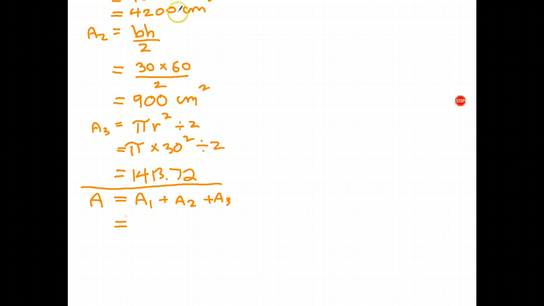Area 1 is up here, 4,200, plus area 2 is 900, plus area 3, I'll put it down here so I don't encroach on the space for the next question, 1413.72. Let's go ahead and add those.